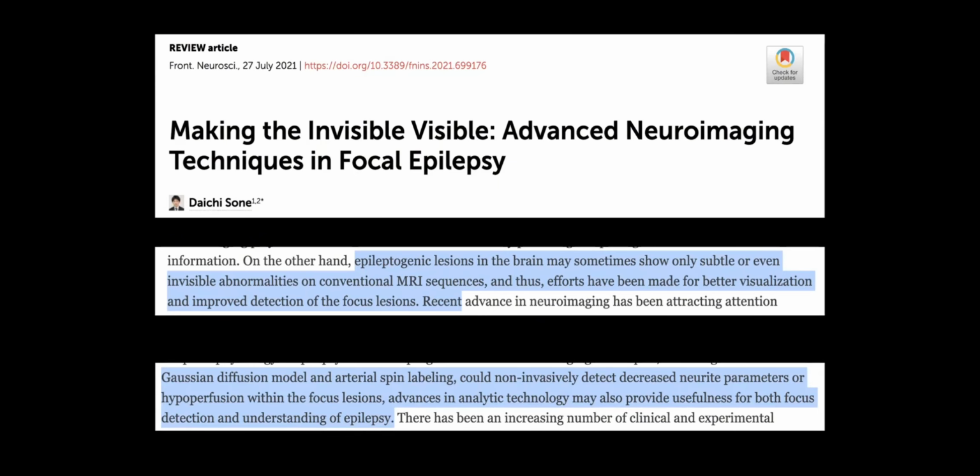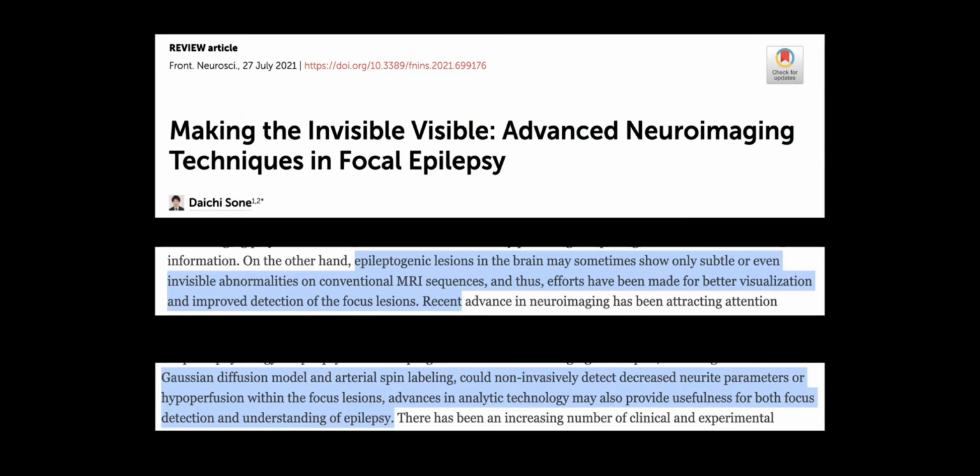And so what this individual writes here is, on the other hand, epileptogenic lesions, that's lesions that can cause epilepsy in the brain, sometimes show only subtle or even invisible abnormalities on conventional sequences. This is not an article about traumatic brain injury, just to interject. This is an article about epilepsy by itself, not related to trauma per se. This individual goes on to write that efforts have been made for better visualization and improved detection of the focal lesions.